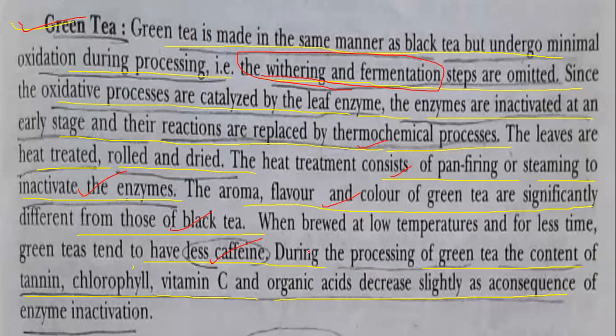During the processing of green tea, the content of tannin, chlorophyll, vitamin C and organic acid decreases slightly as a consequence of enzyme inactivation.